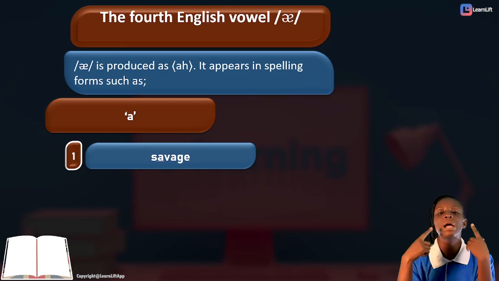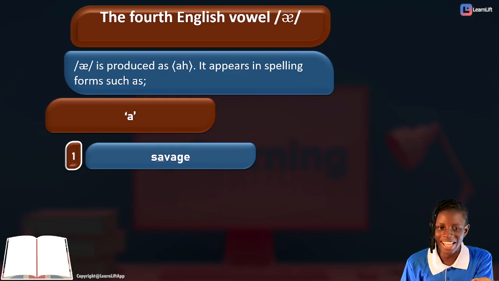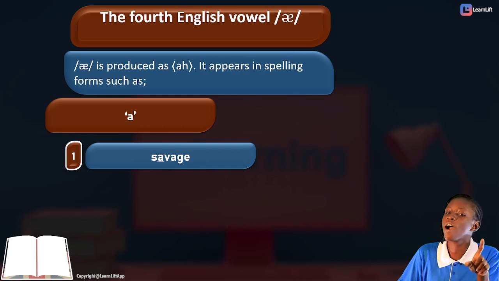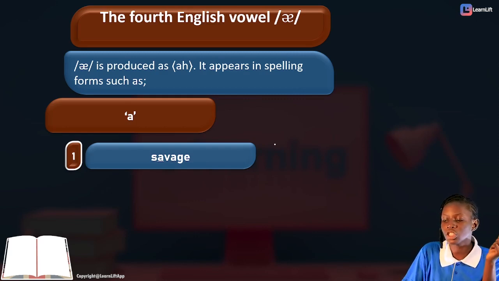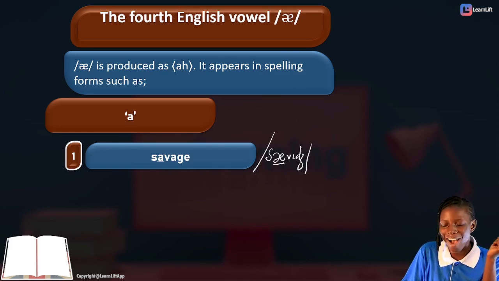And how do we transcribe? We transcribe according to our pronunciation. So let's transcribe savage together, listening to the sounds we hear. Savage, having our R sound here.